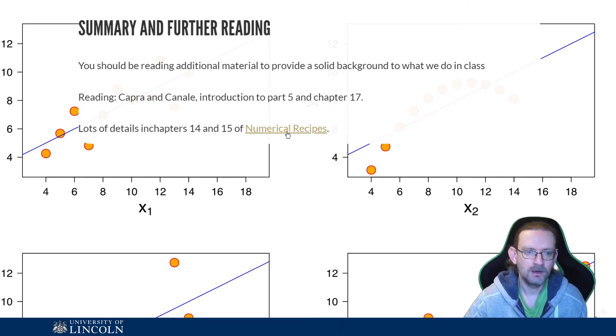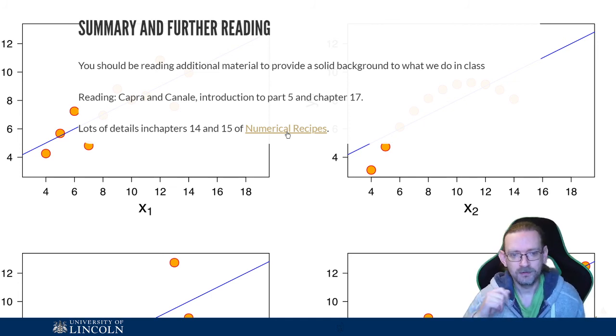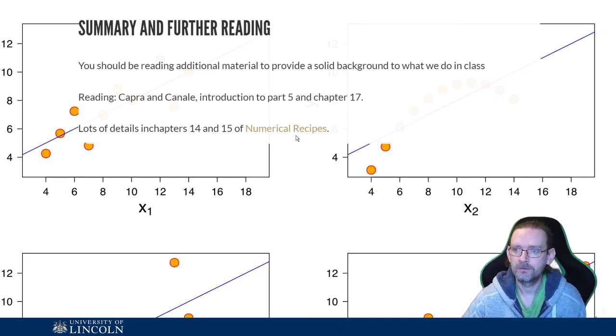There's lots of stuff in Numerical Recipes, which is free, but I would suggest having a private tab in a completely separate browser, and you need to enable Flash to get access to that. Capra and Canale, but almost all the books listed in the reading list will have a section on that. Any one of them or several of them probably explain it in the way that you like.